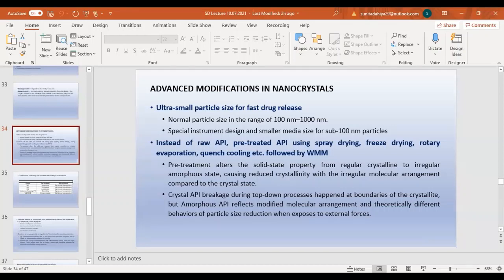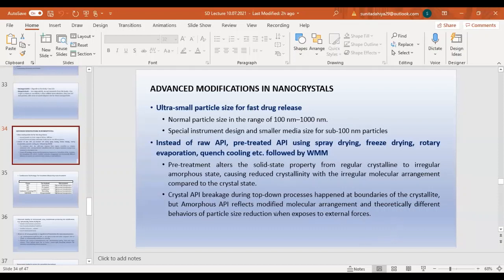So when we go for pre-treatment of the raw drug material, it will alter the solid state property of the drug particle from the crystalline, which is regular, to the amorphous and irregular state. Right? So it will reduce the crystallinity, with an irregular molecular arrangement compared to the crystal state. So once you are loading such particles, there are better chances that you will get still improved sizes of the nanocrystals.